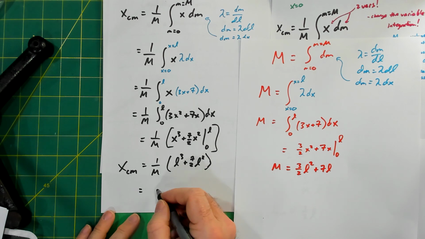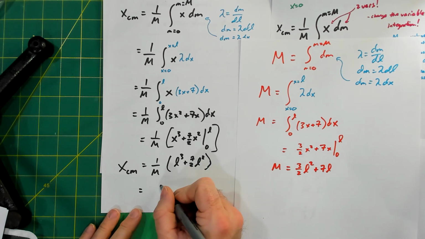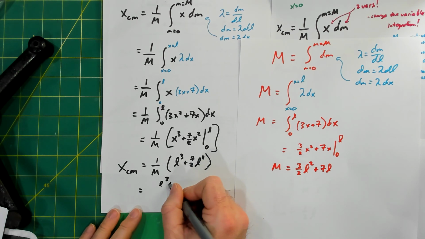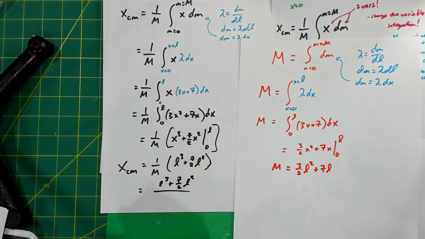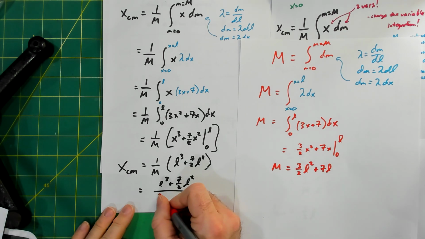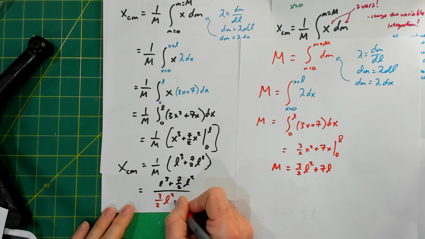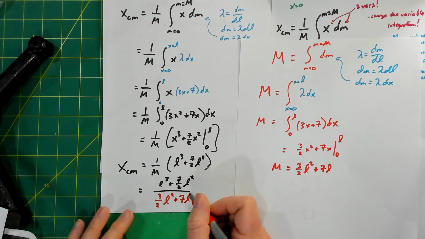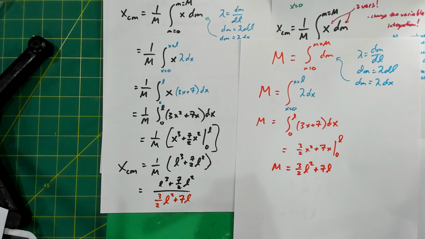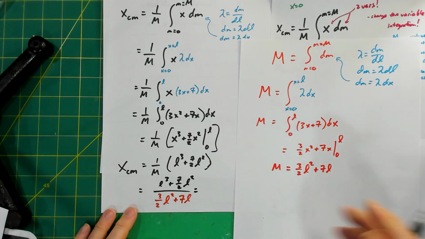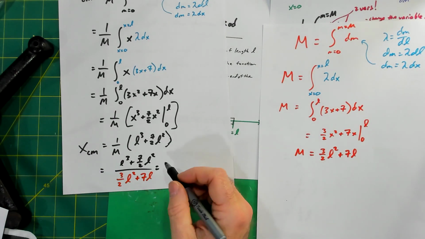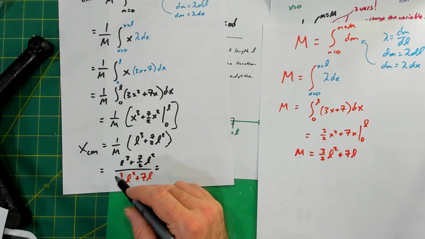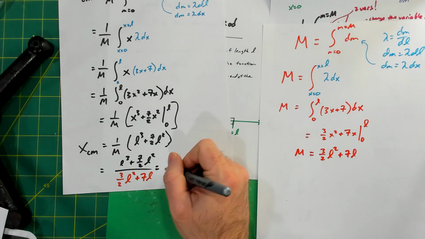And so my center of mass, say, hey, that's going to be this L cubed plus 7 halves L squared. And then in the denominator, I've got this total mass that I calculated here, 3 halves L squared plus 7L. Yeah, I could tidy this up a little bit, and I could maybe factor an L out of everything, an L at the top and L out of the bottom, and cancel.